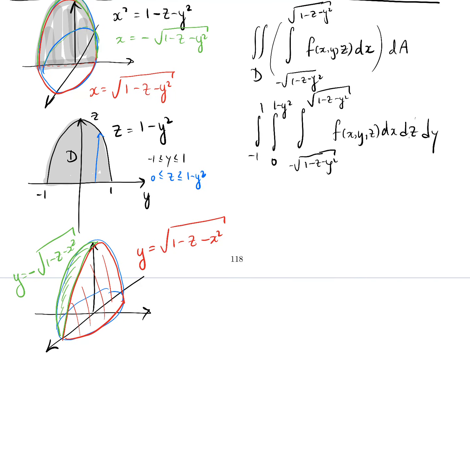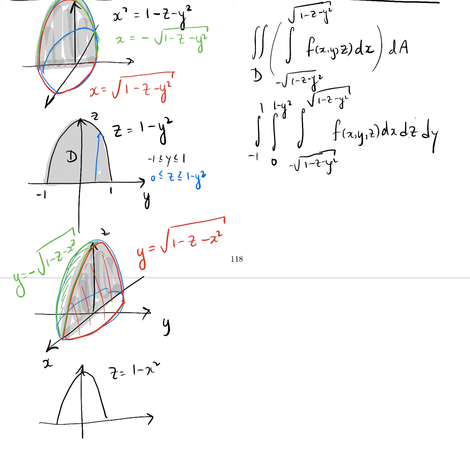For the region D, we're going to have this parabolic shape now on the xz plane. I forgot to label my axes, x, y, z. So in the xz plane, I'm going to have the analogous parabola where z is equal to 1 minus x squared.